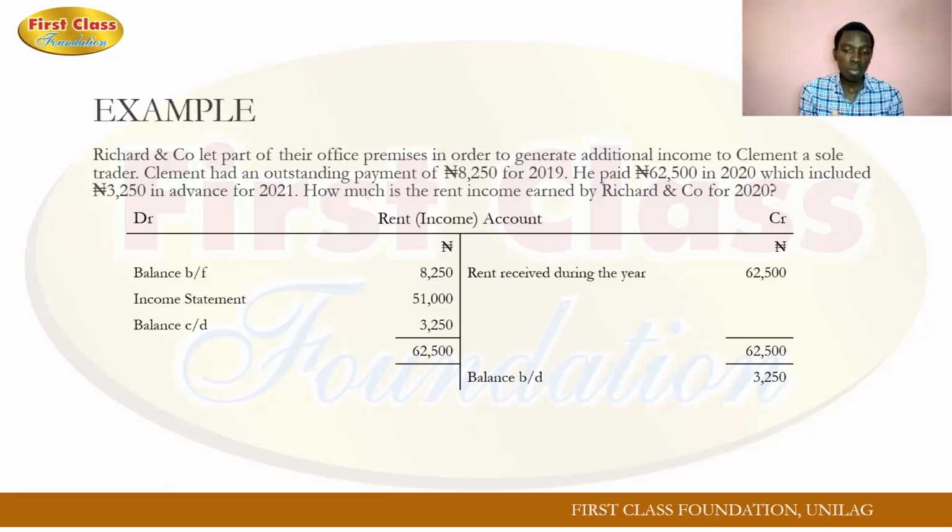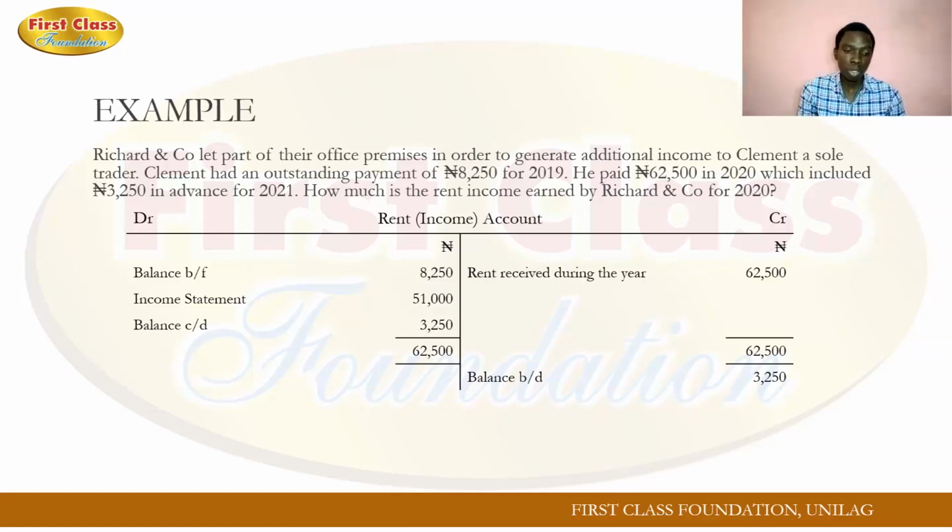So if you look at it, nothing is coming to the credit side, so that's 62,500 represents the total. Then the amount to be taken to income statement will be 51,000. So that represents the income earned for that period, not the income received.